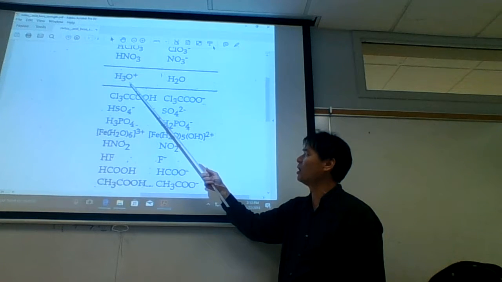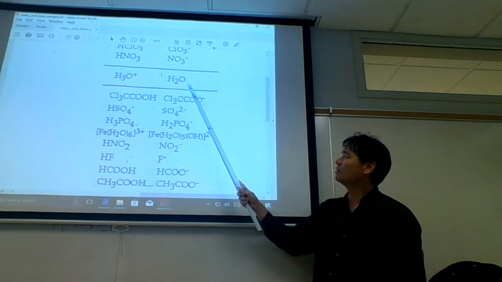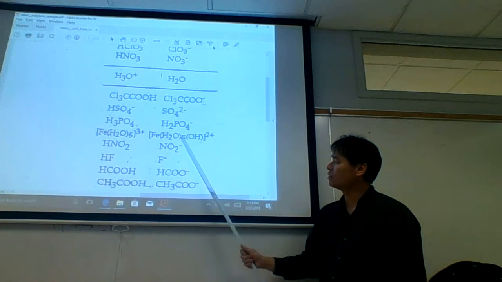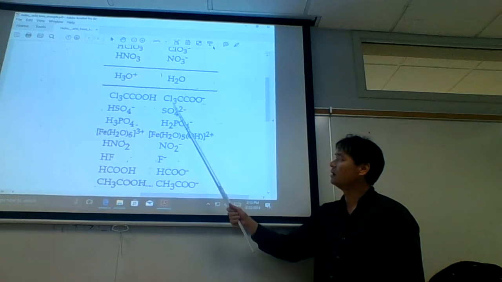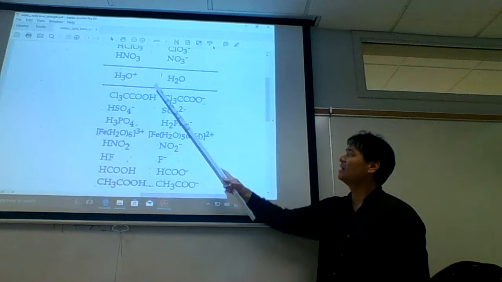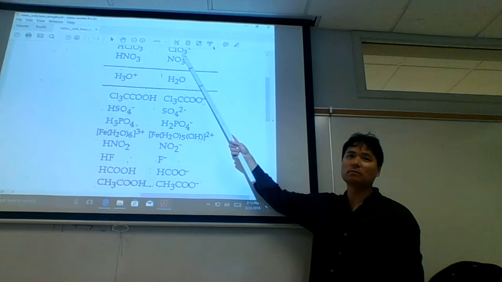So this is H plus in water. H plus in water will react with any base stronger than water. If I look at the bases that are stronger than water, it reacts with all these. So H plus alone will react with everything down here. However, H plus will not react with any base weaker than water here.